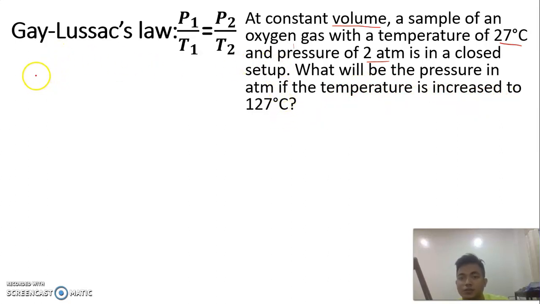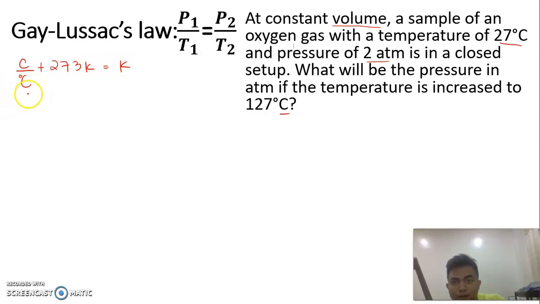Again, a simple review of our problem solving. To convert your Celsius to Kelvin, the temperature in degrees Celsius plus 273 is going to be your Kelvin temperature.